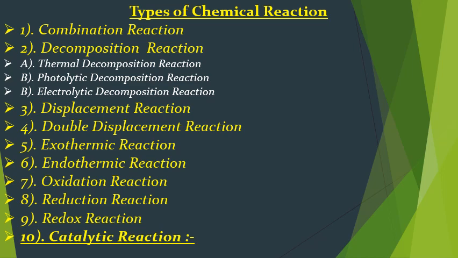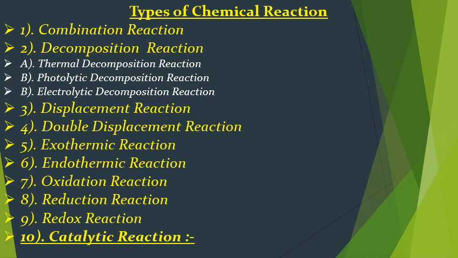Thermal decomposition proceeds in the presence of heat, photolytic decomposition in the presence of sunlight, and electrolytic decomposition occurs in an electrolyte solution, basically the breakdown of a compound in the presence of an electrolyte solution.